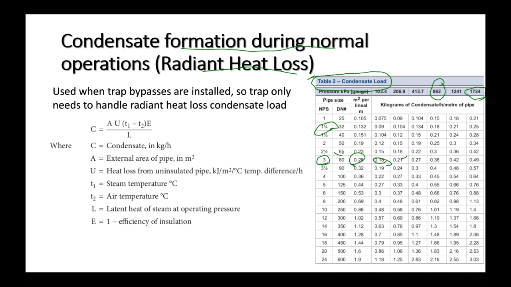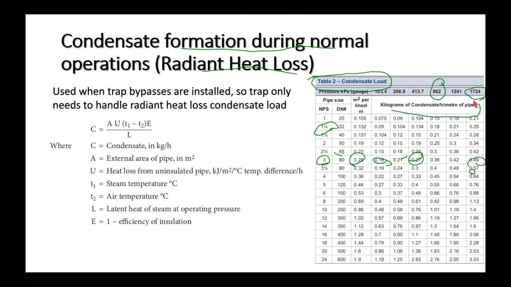At 103.4 kPa, this one will produce 0.18 kilograms of condensate per hour per meter. And this 3-inch pipe at 413.7 produces 0.27 kilograms per hour per meter, and you get the idea, right?